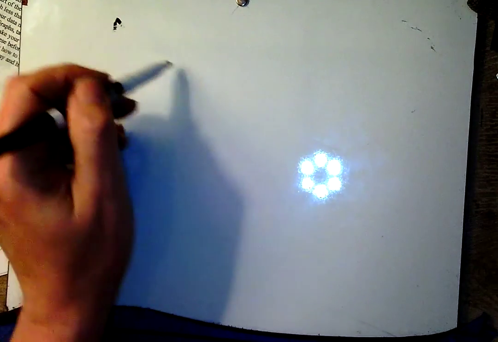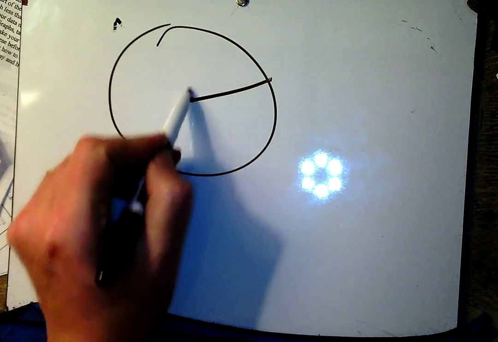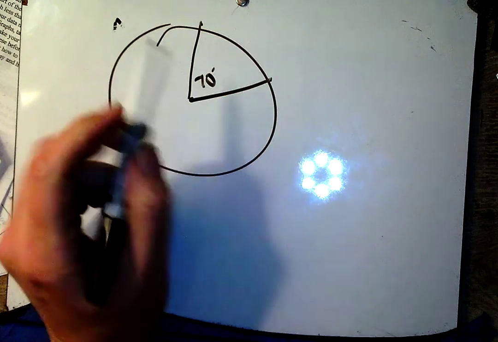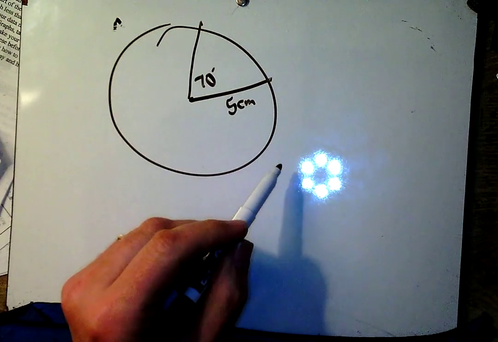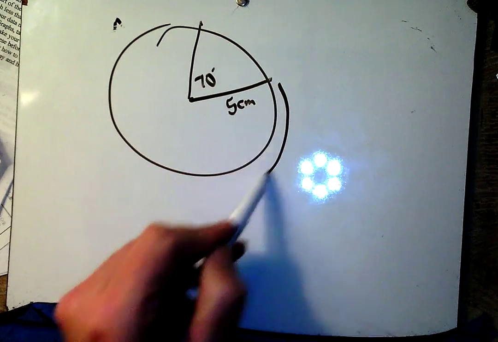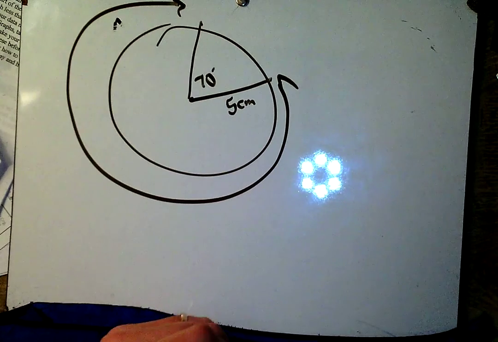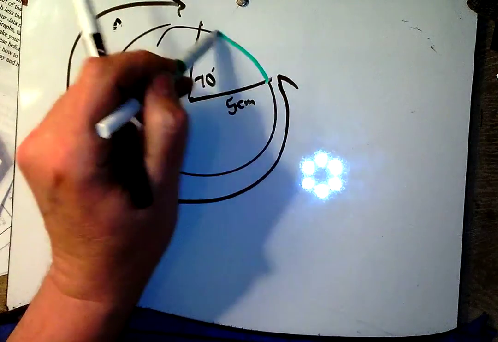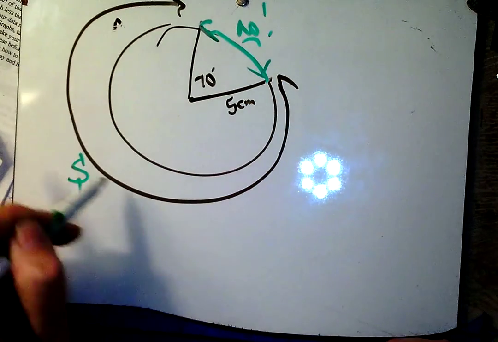How about, here's our circle, here's our central angle. Let's say that this is 70 degrees and that this is 5 centimeters. And the arc length I want to know about is this arc length. Not this one. I'm looking for this one.